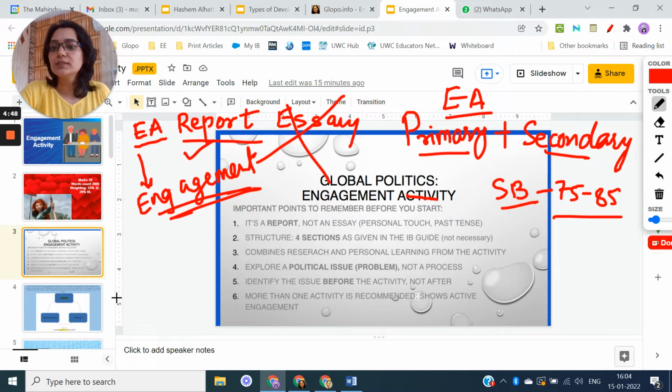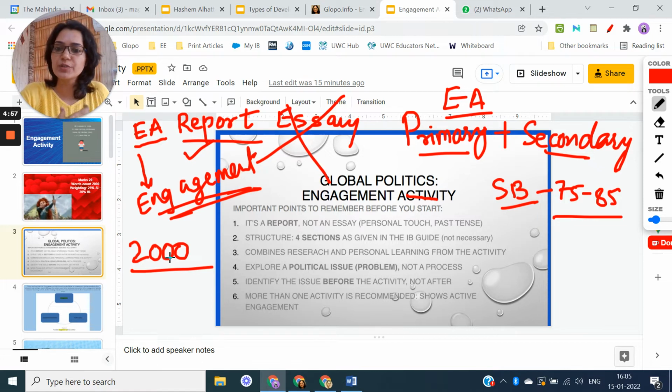Now, how many words is the IB expecting you to write? This is a 2000-word report. Fair enough, a 2000-word report you have to write for your engagement activity.